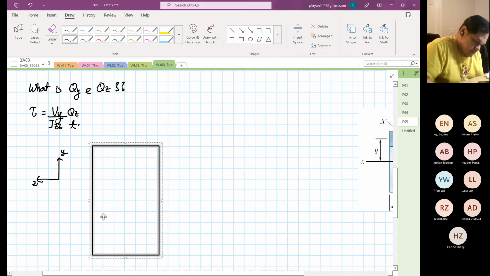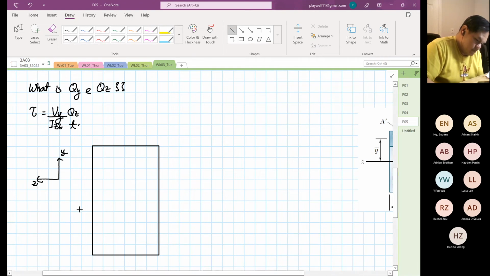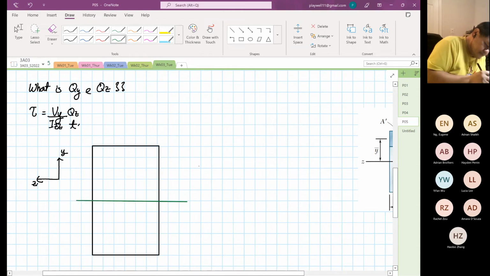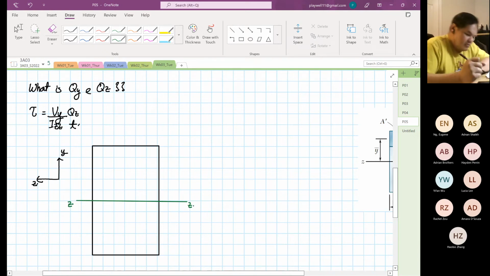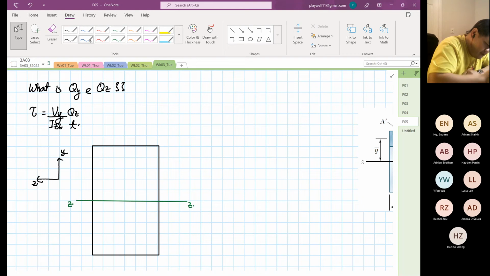We know that this is our centroid, the ZZ axis. Now, I'm going to have a defined area. This defined area is any point within the cross section.